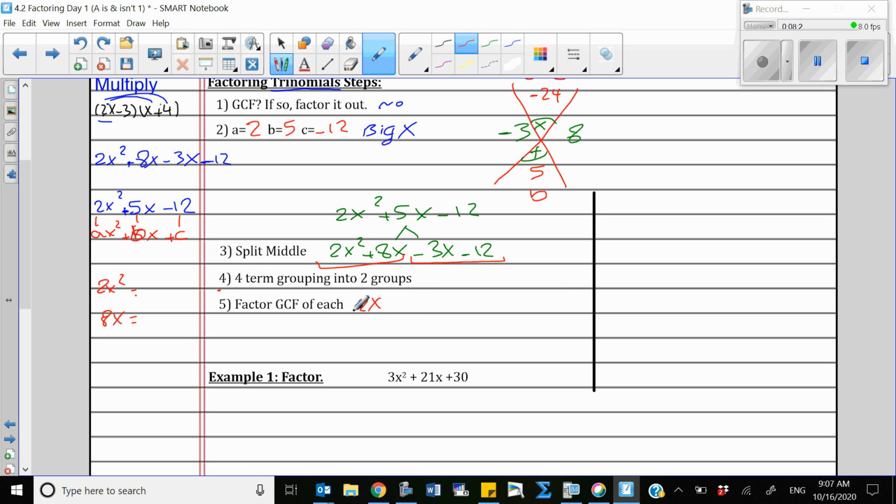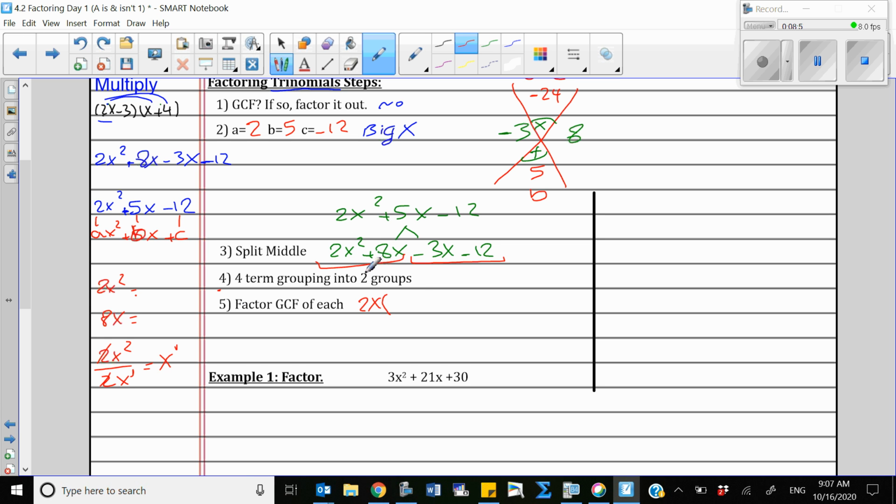Now, I need to factor 2x out of these two. If I factor 2x out of 2x squared, I need to divide 2x squared by 2x. 2 divided by 2 will go away, and x squared divided by x will be x. So all you need to do is subtract the exponent of the bottom one from the exponent of the top one, which is 1. 2 minus 1 is 1.